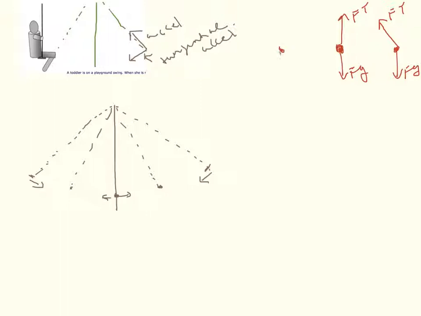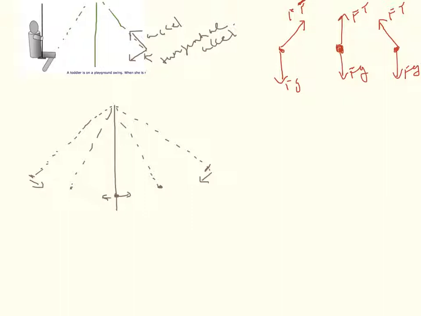Similarly, on the left-hand side, it's going to be pointing some piece like this. So then the question is, if we think about acceleration, how do we decide from these two pieces of information whether there's some piece of the acceleration that is tangential to her path? So is there some piece that's along the direction of her path?